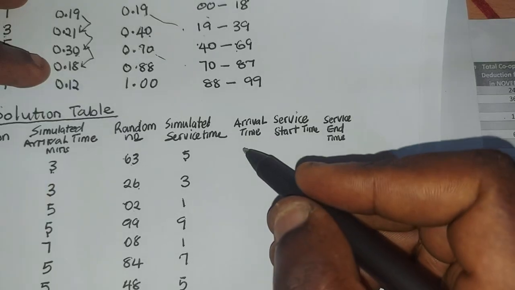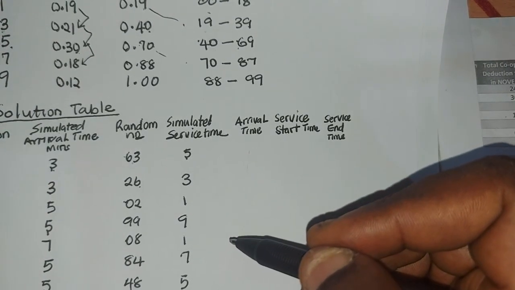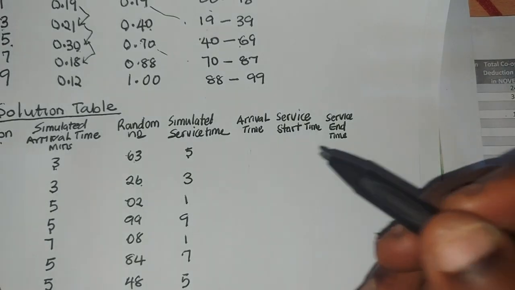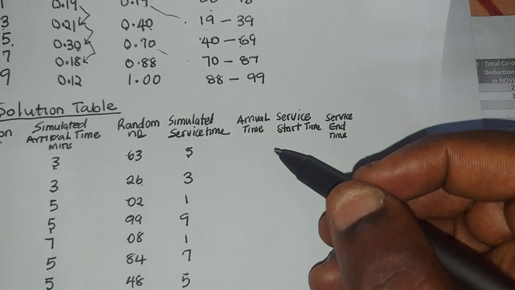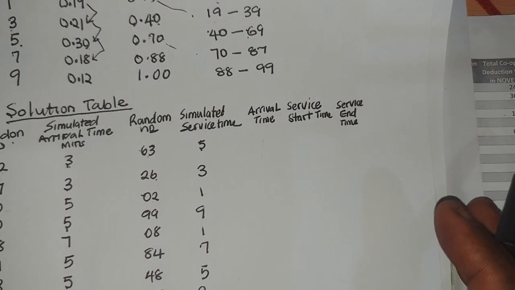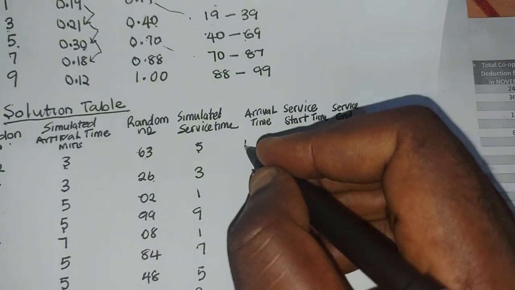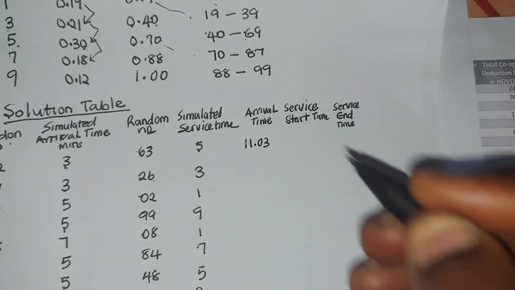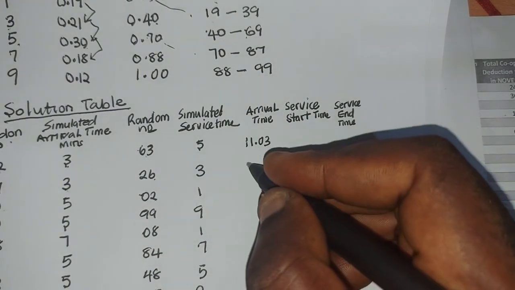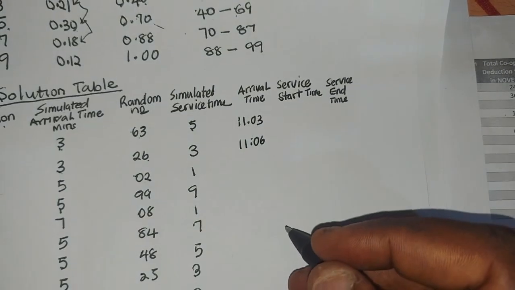Now let's determine the arrival time. The assumption is that the time the business opens is 11. The service starts by 11, but the first customer arrived at 3 minutes after 11, so that is 11:03. The second customer arrives 3 minutes after this, and that is 11:06.